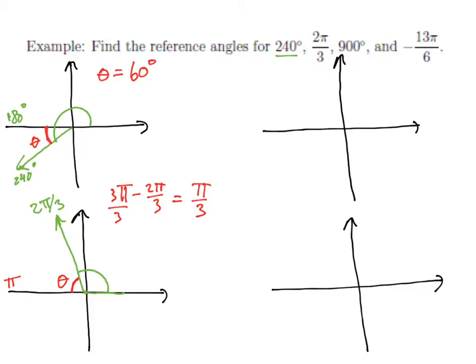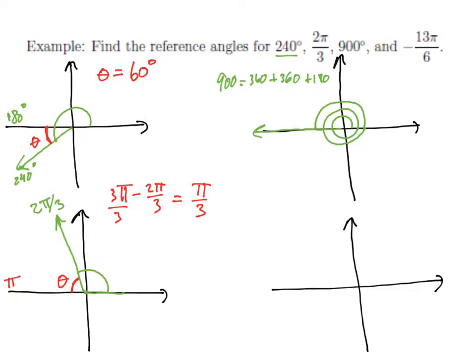900 is a little bit different because it's more than one revolution around the circle. So 900 is 360, so one time around the circle, plus 360, that gets us to 720, so plus 180. So this angle is in this direction.